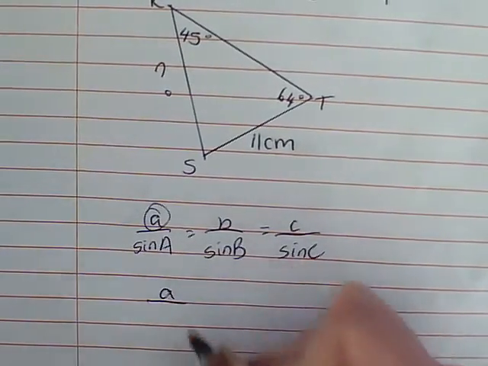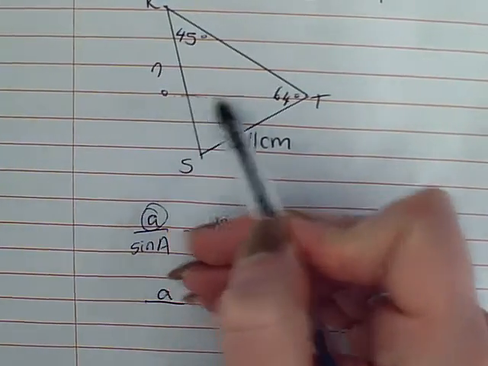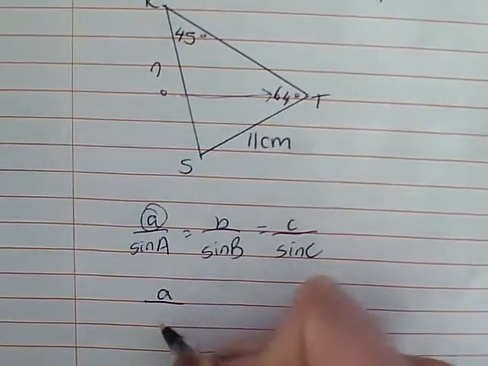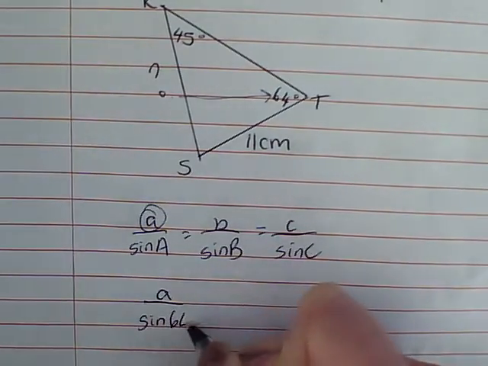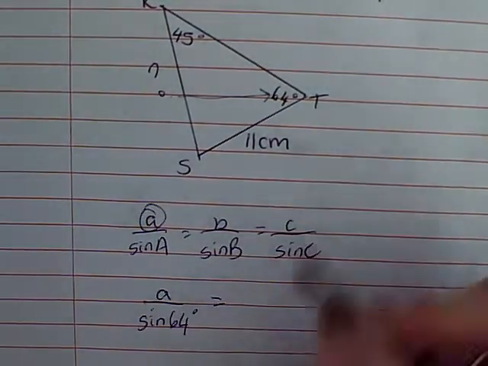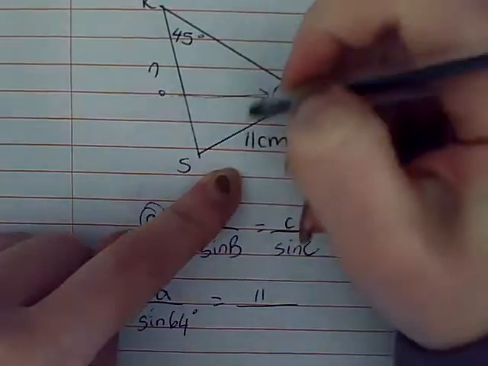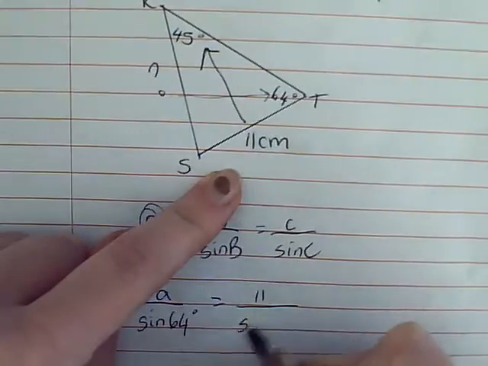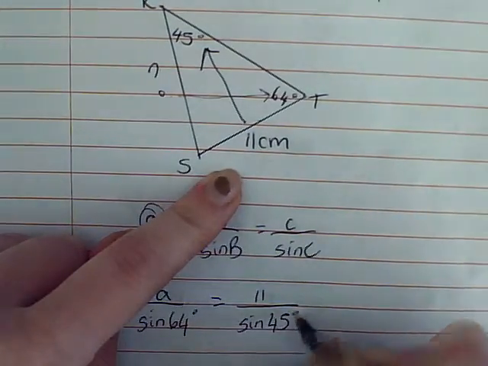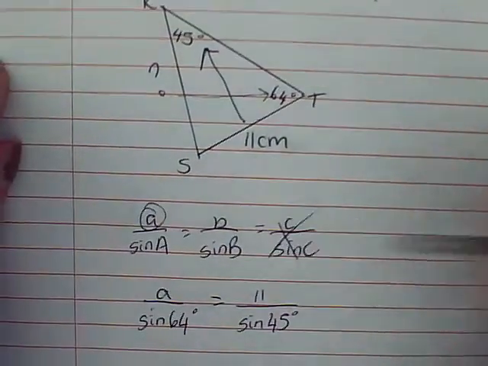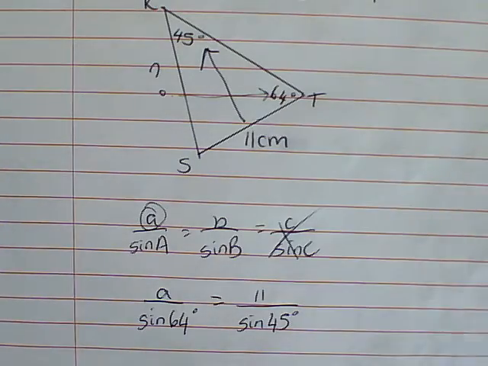So A over, opposite this length, is that 64. So sine 64. My length here that I know is 11, and opposite it, sine 45. And I don't need a third equation. Two is more than enough.